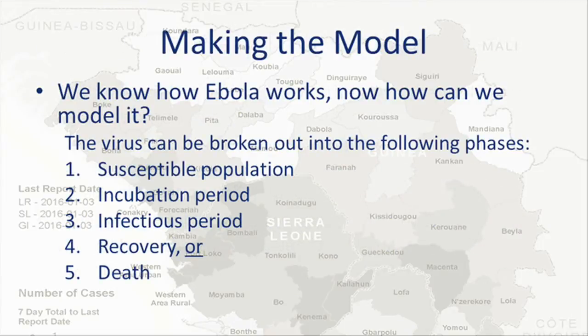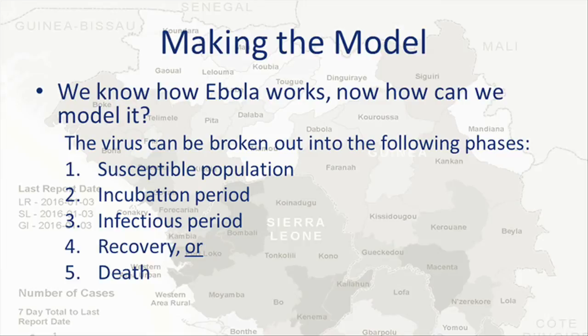Okay, so now that we know a little bit about the virus, we can break it up into stages. Everyone starts out as susceptible. We're all fine, we're all healthy, no one has Ebola, we're susceptible to catching it. And then you have people who are in the incubation period who have been exposed to the virus. They're not showing symptoms, but they do have the virus in them.